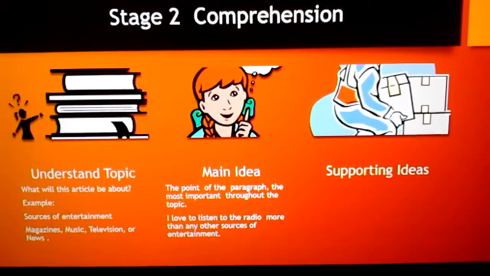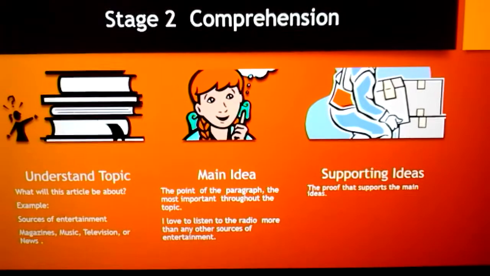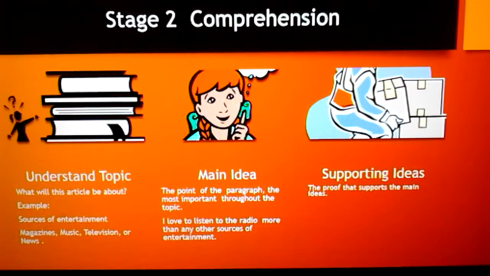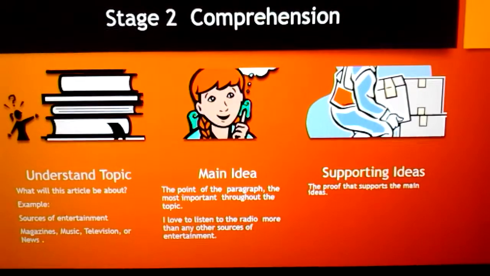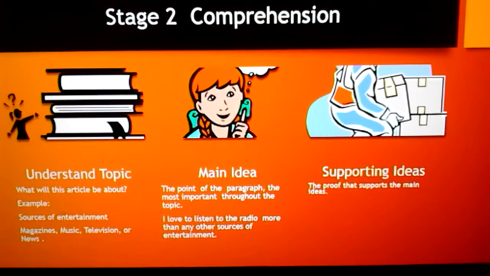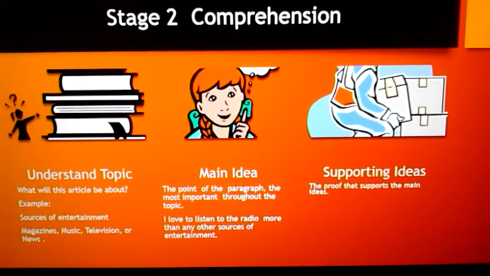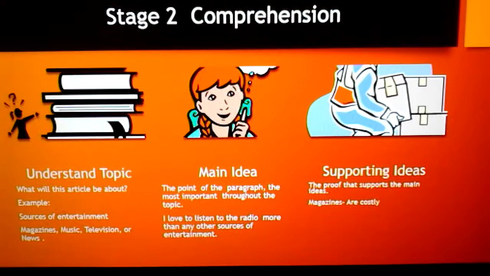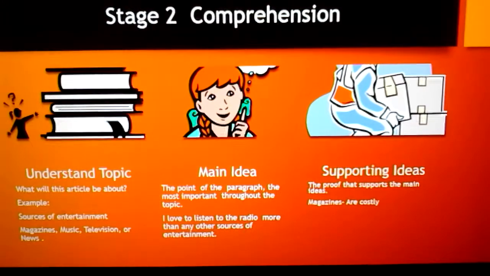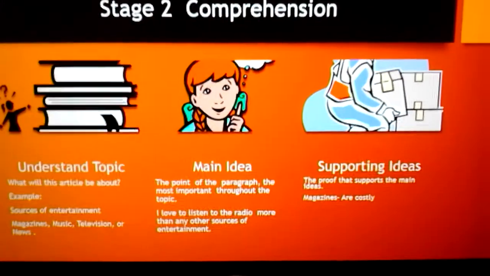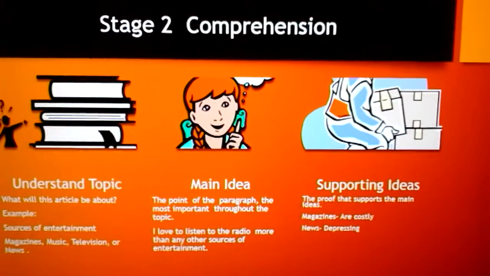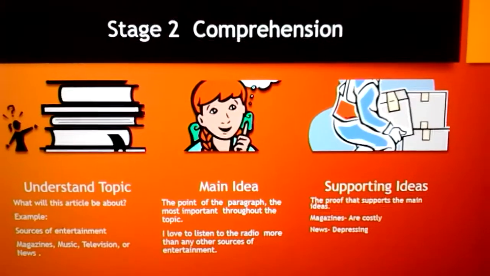So now we're going to move on to the supporting ideas. When we think of support, it's something to lift up, something to support what you're saying. So support is the proof that supports the main idea. For magazines, a support for our main idea is that magazines are too costly. That's probably why I don't enjoy those. The news is too depressing.